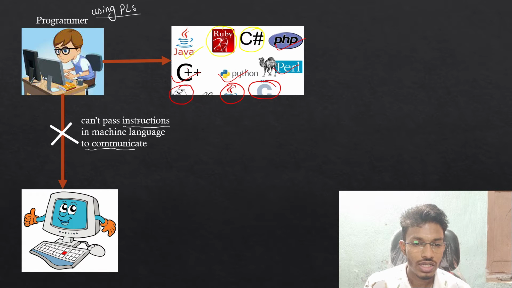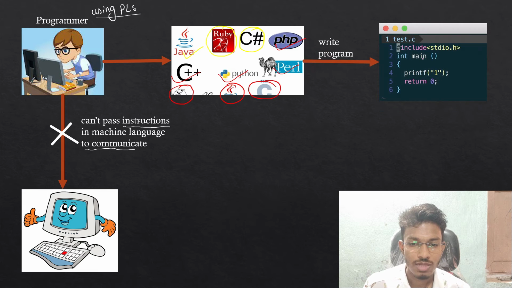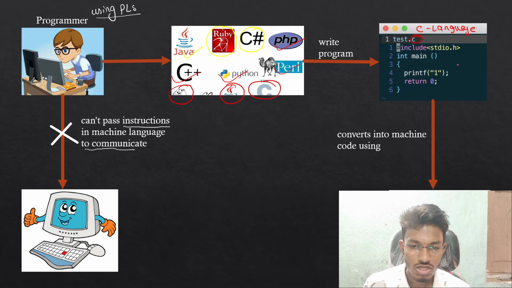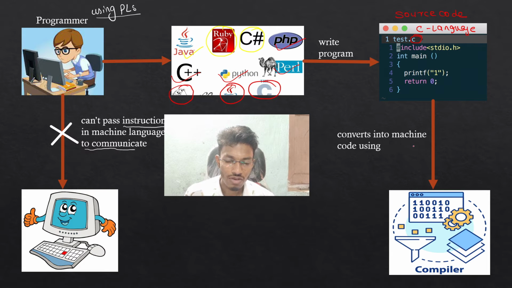Now he will write a program. Just consider he has written it in C language. The instructions he has written are called source code. This source code is converted into machine code using the compiler.